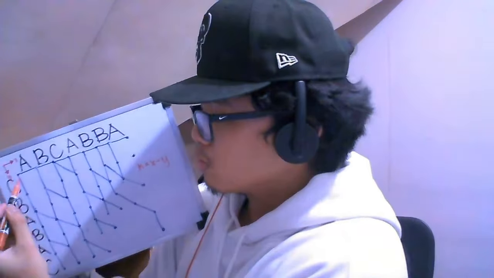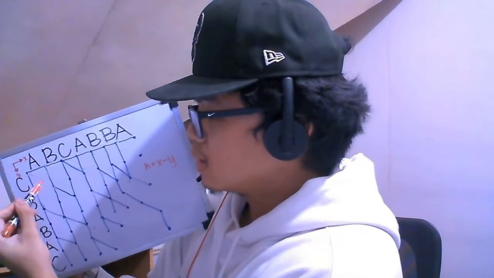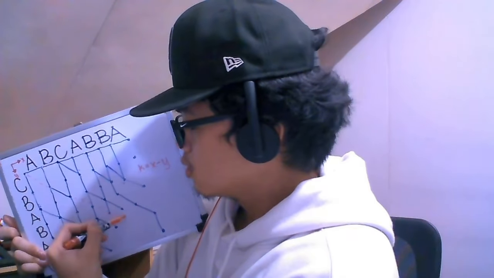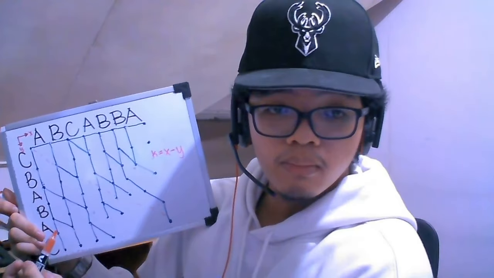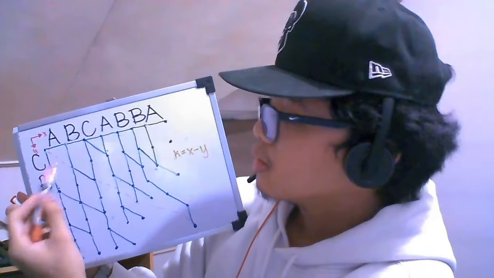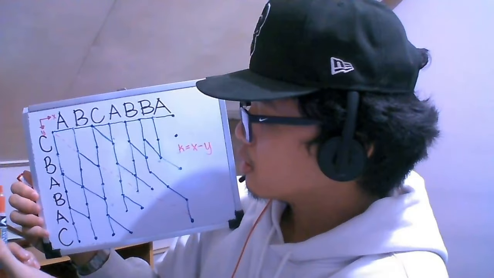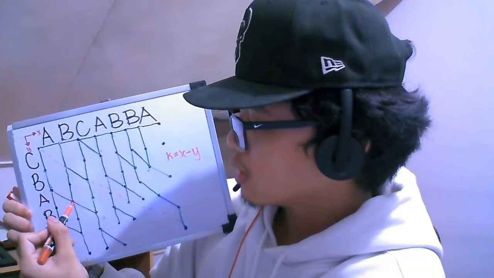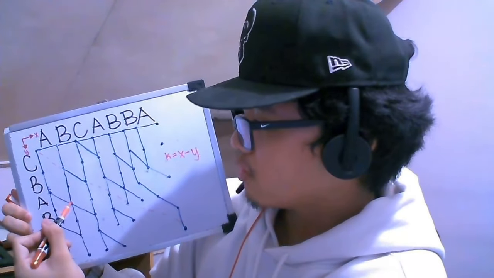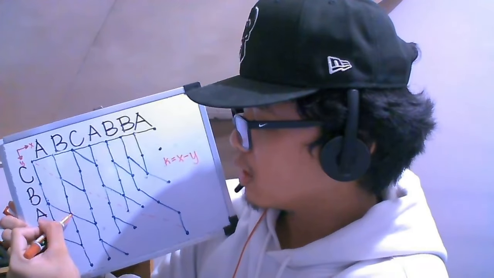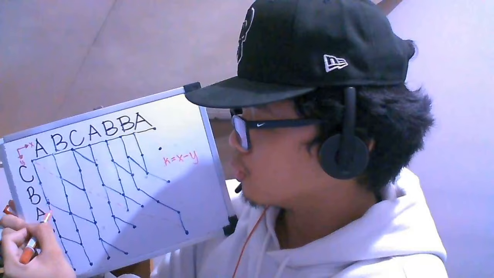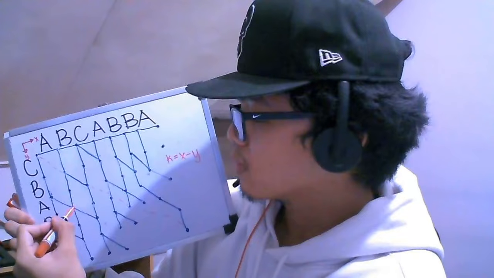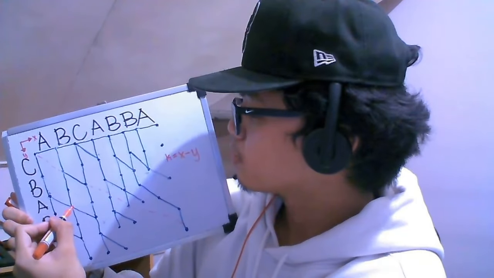We can visualize it with this. This would be the 0 diagonal, right? Now let's take another arbitrary point here. Let's take this, for example. This has an x value of 1, and the y value is 0, 1, 2, 3. Okay, so this is 1, 3. Now what would be the diagonal here?